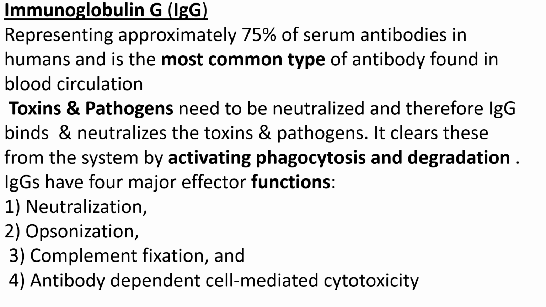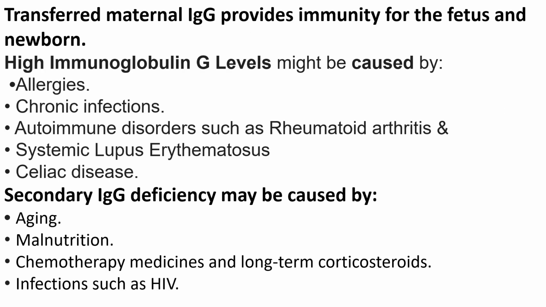IgG has 4 major effector functions: neutralization, opsonization, complement fixation, and antibody dependent cell mediated toxicity. You have been through the topic of immunity in the physiology department, so you must be familiar with all these terminologies. Now IgG, as I told you earlier, is the antibody transferred from mother to the fetus and the newborn.